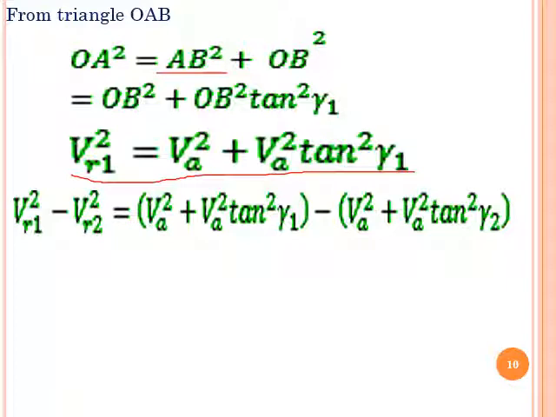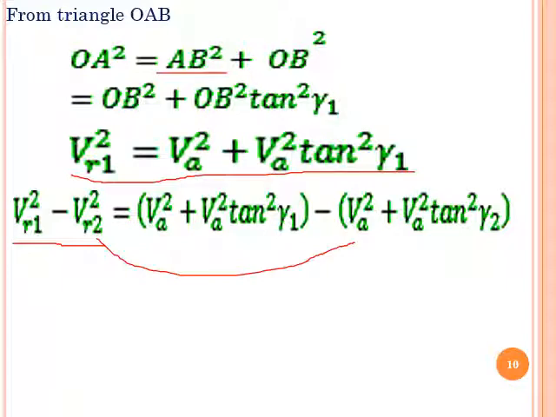That is the expression for VR2 square. So now VR1 square minus VR2 square is equal to V of A square plus V of A square tan square gamma 1, minus V of A square plus V of A square tan square gamma 2.